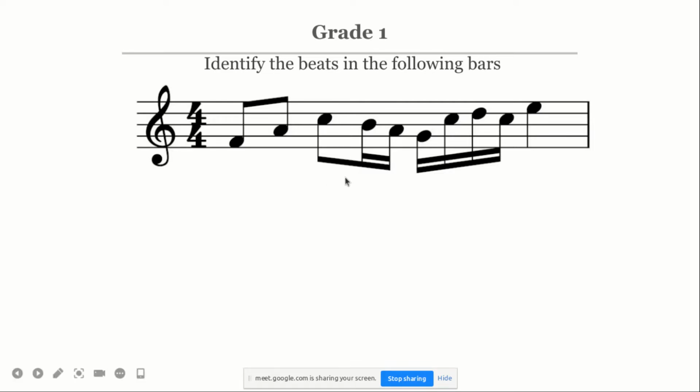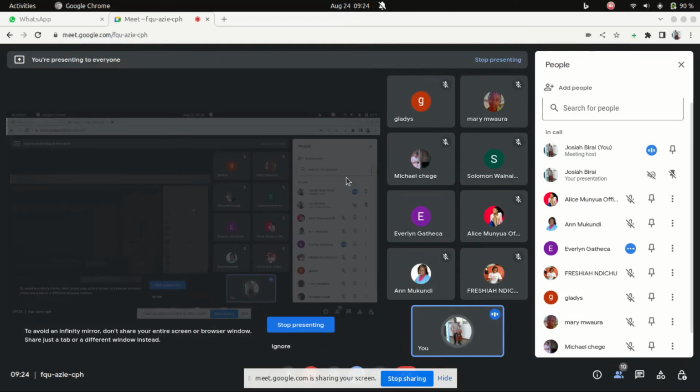And then 1. Yeah. Remember, the beaming should be able to help you identify the beats because they're usually beamed in beats. Eight. When you count a beat as a quaver, there will be 8, but they are not 8 crochets. Somebody assist Evelyn. Thank you, Evelyn.